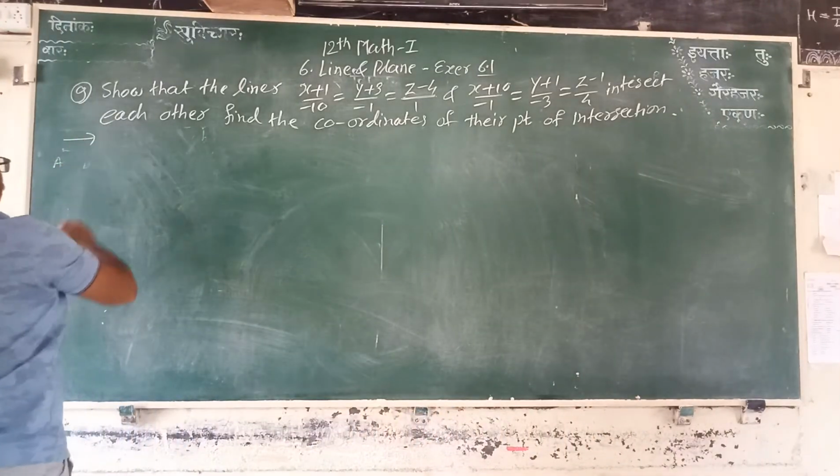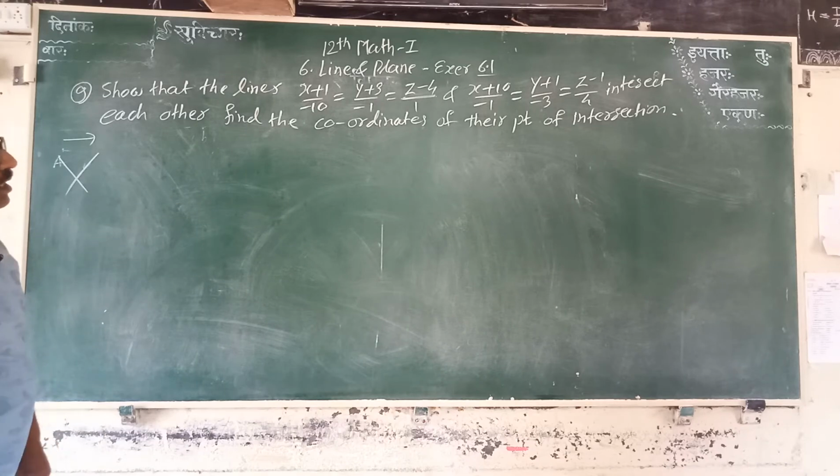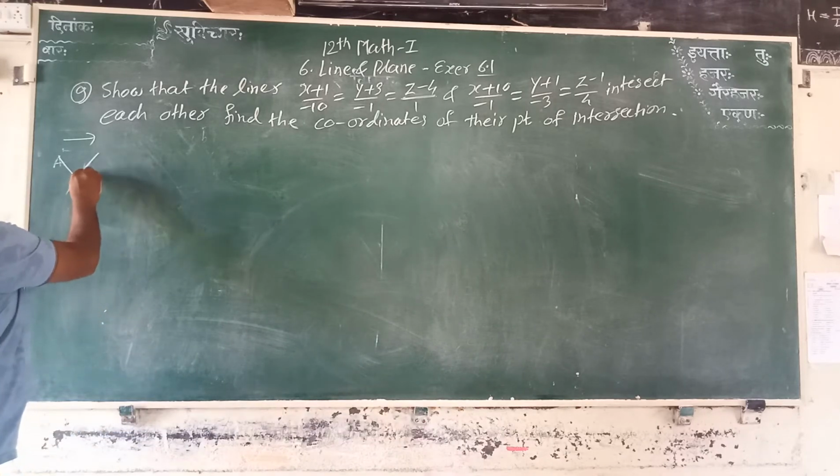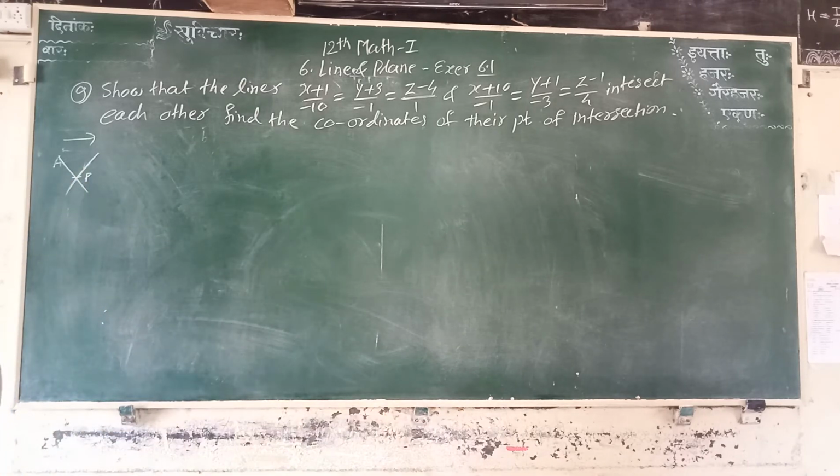For that, you know that two lines intersect each other in one point. Then at first we want to show these two lines are intersecting each other.